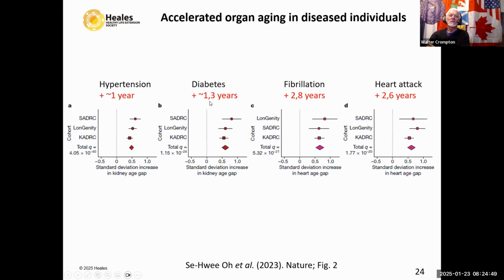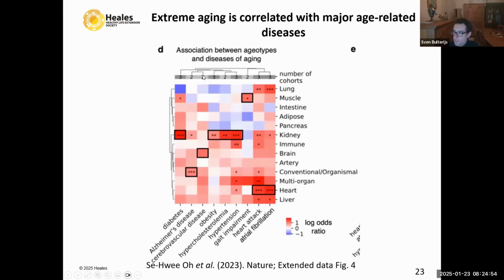Sven, could you go back to the previous slide for a second? Okay, so let's look at diabetes versus lung, and we see that it's nicely blue. What does that really tell us? Yeah, people who have younger lungs seem to have a higher risk of diabetes. There are not that many blue things, as you can see.